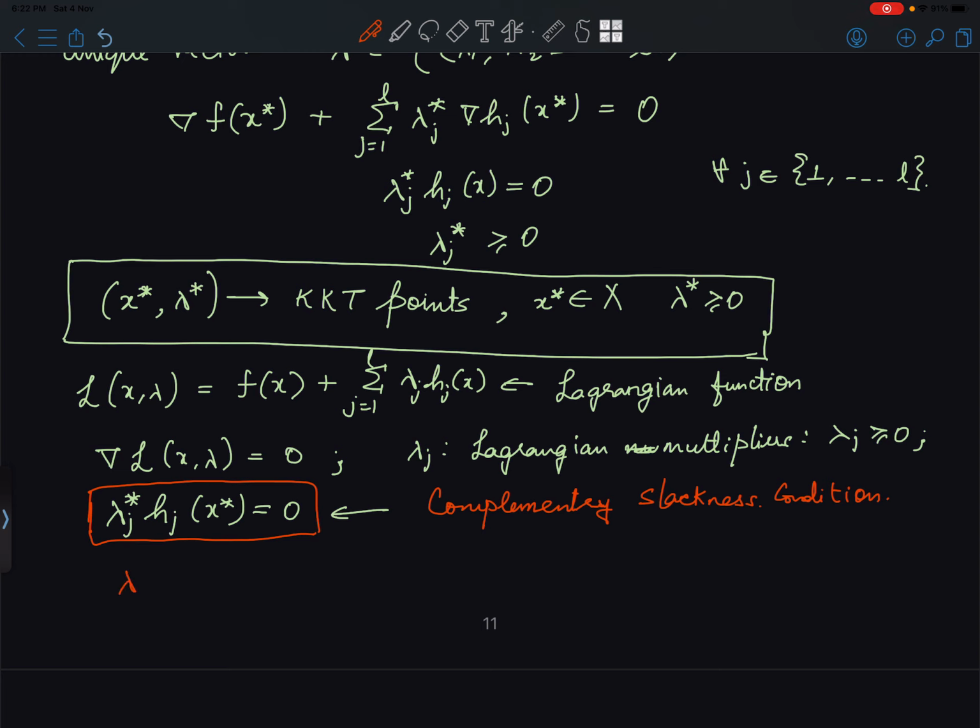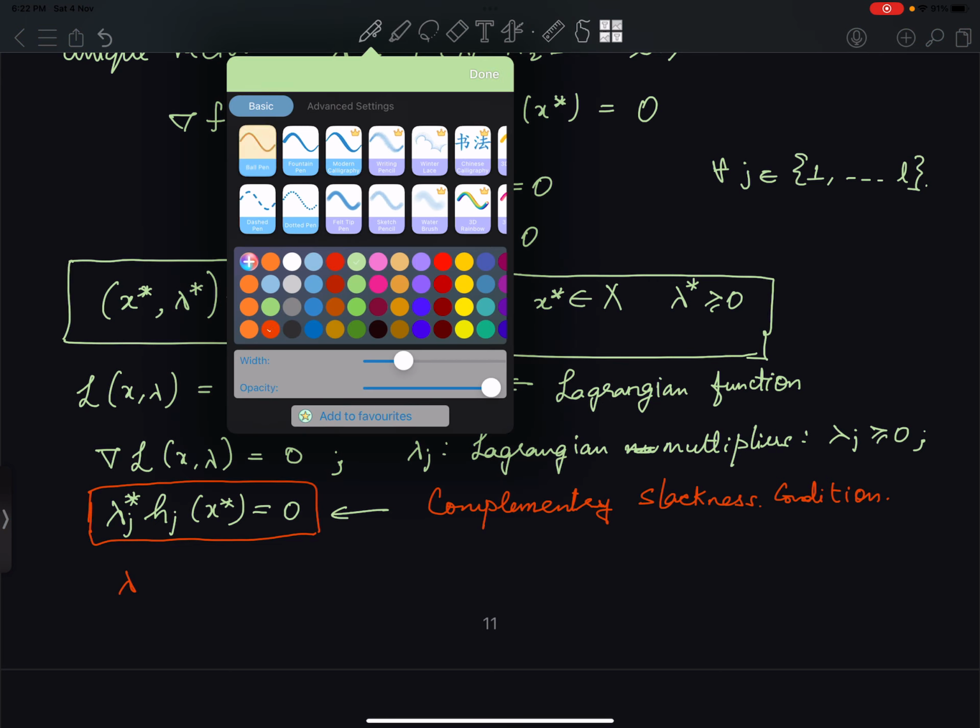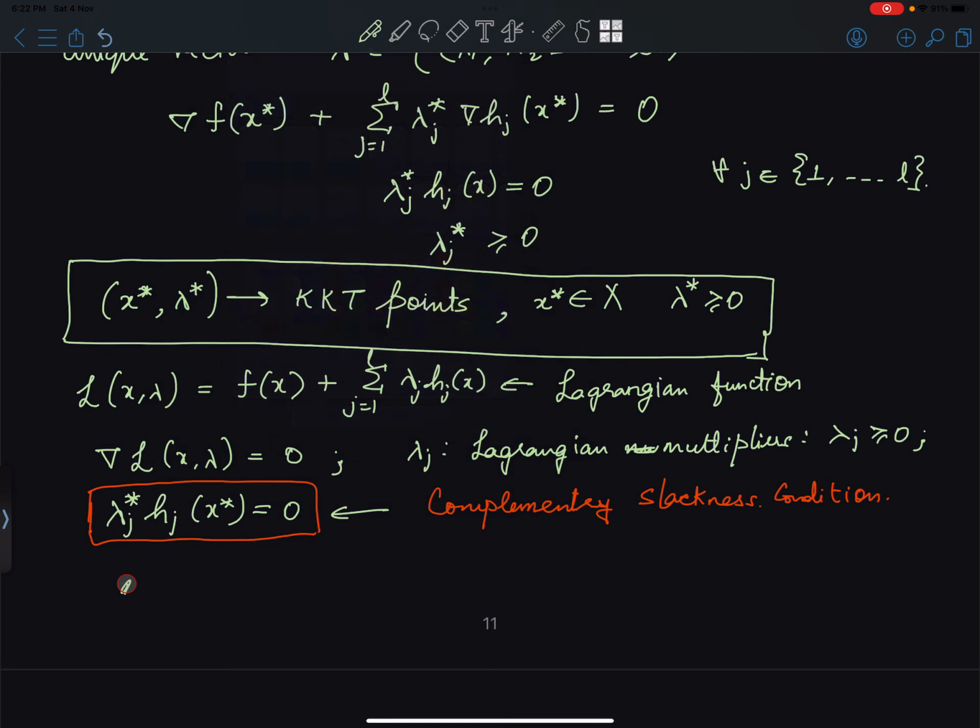And obviously λ_j* is 0 for all j not belonging to the active set of x*.